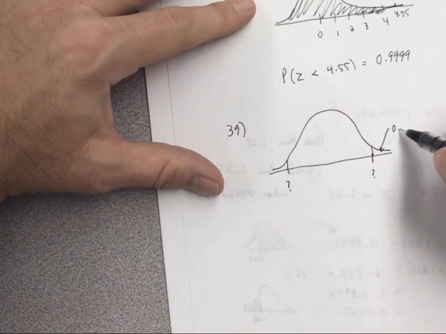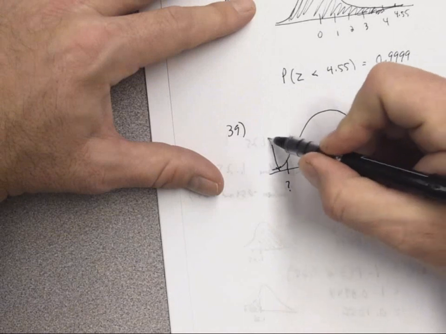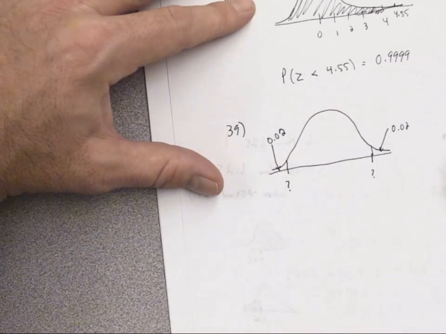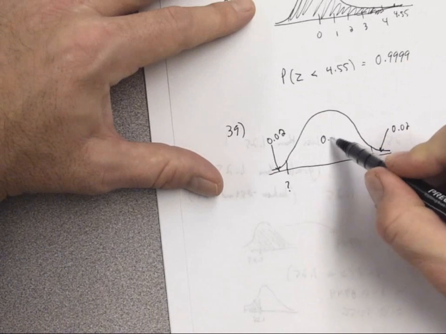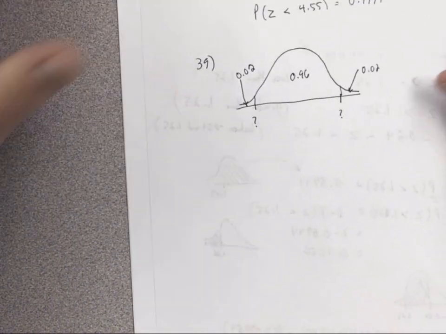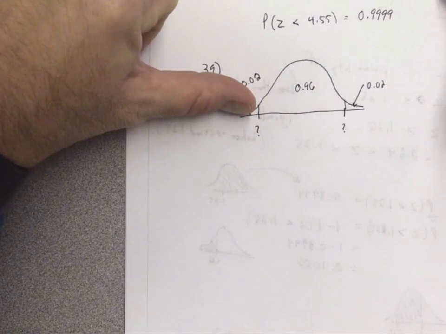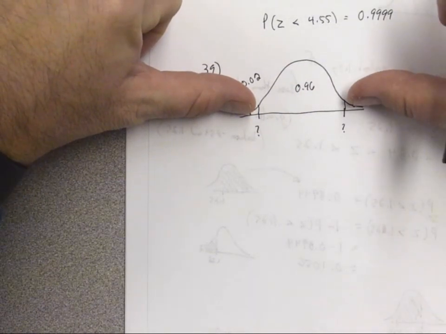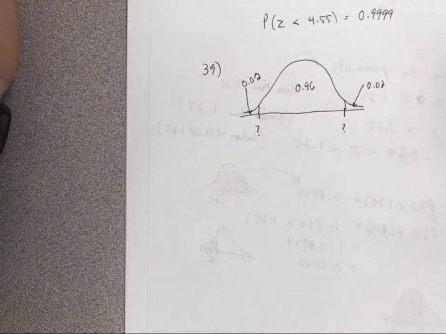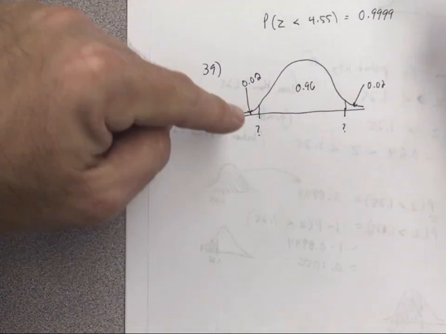So inside here I have 0.02, and inside here I have 0.02. In the middle I have 0.96. Is that clear? They want to know the bottom 2% and the top 2%. Now remember that our table only gives us area to the left, so we have to take advantage of that. Let's find the first one first.